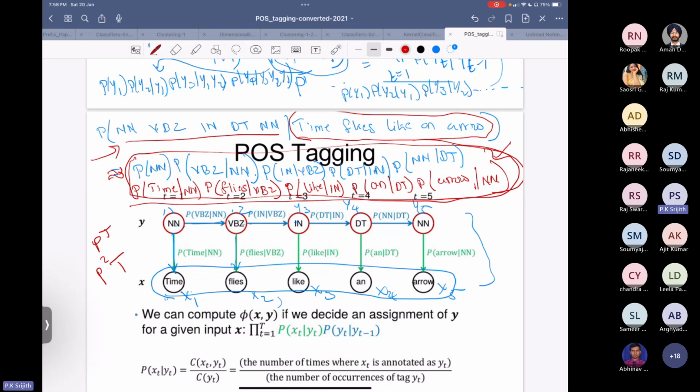We don't have to perform P raised to T operations to find the best tag sequence for a given input; we can do it in P squared T time, which is very reasonable, not a large number, and the inference can be done very fast.